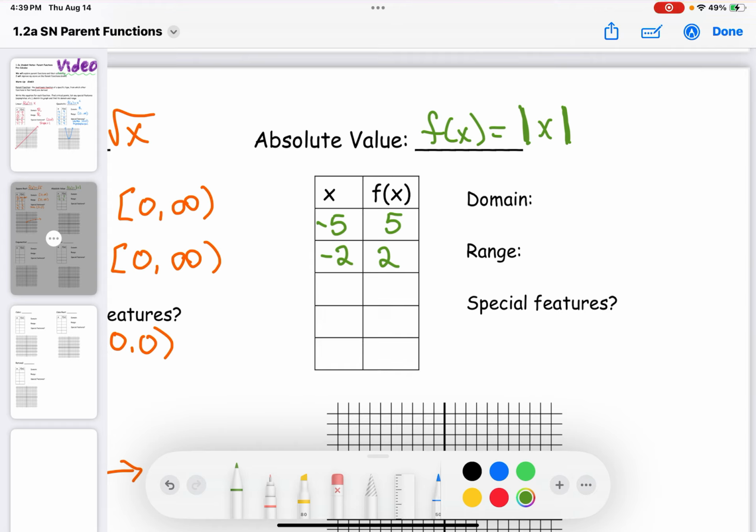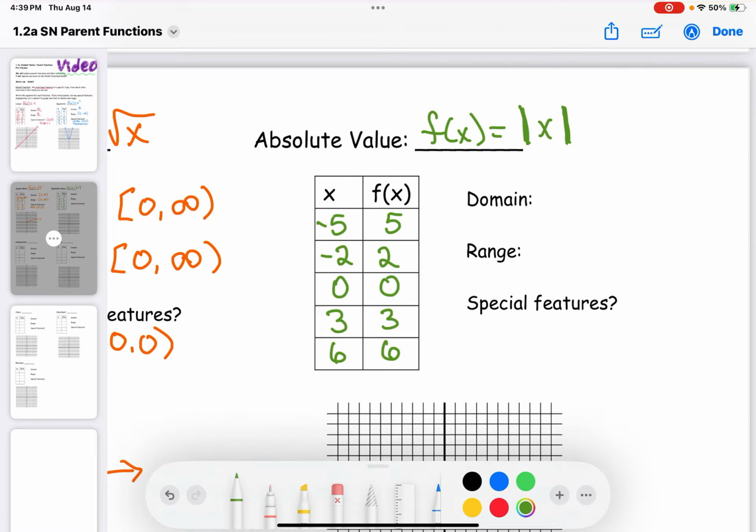We can take the absolute value of 0; it is 0. The absolute value of 3 is positive 3, and the absolute value of 6 is positive 6. So absolute value takes any negative number and turns it into positive. Positive numbers stay positive. The absolute value is the distance from 0, so it's the positive value of the number.